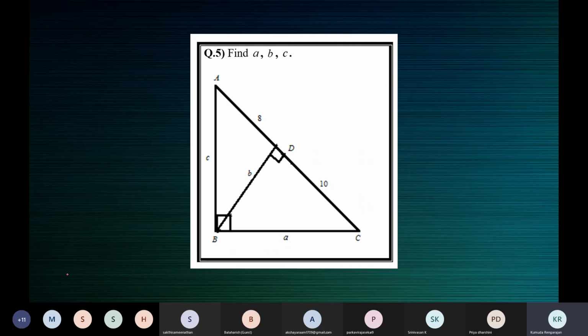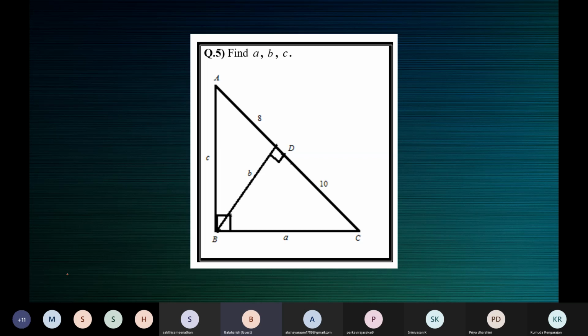You can write BC square is equal to, what is BC square? CA into DC, ma'am. Perfect. Tell me again, what is BC square?